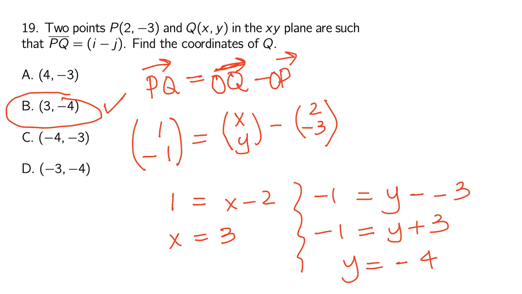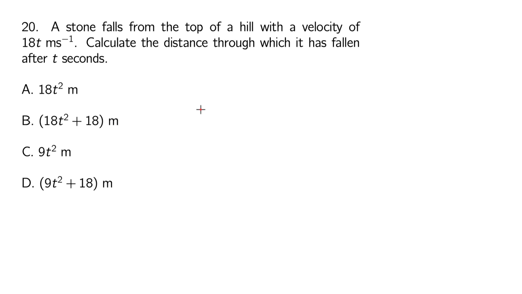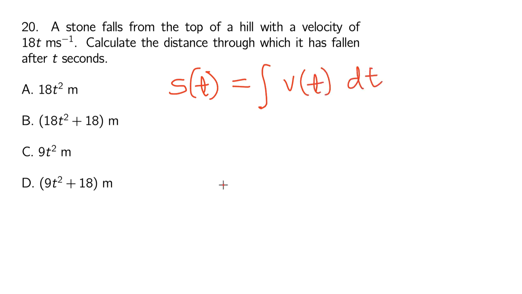The next problem is question 20. This is going to be the last one in this series. It says a stone falls from the top of a hill with a velocity of 18t meters per second. Calculate the distance through which it has fallen after t seconds. The distance can be gotten from the velocity by integrating. So if you call the distance or the displacement s of t, then you get it from the velocity by taking this integral.